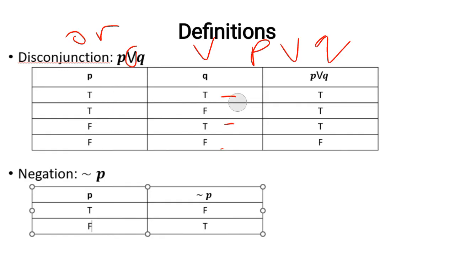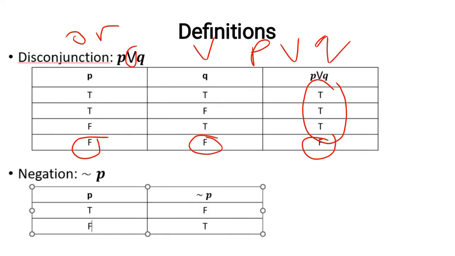Once you have two statements, it is only false when both statements are false. That's for disjunction, that's the OR statement. If both statements are false, it means it will be false. Else, even when one is false, the result will be true. So the difference between conjunction and disjunction is this.